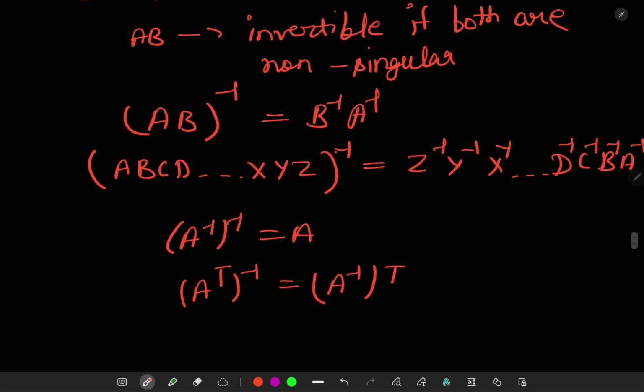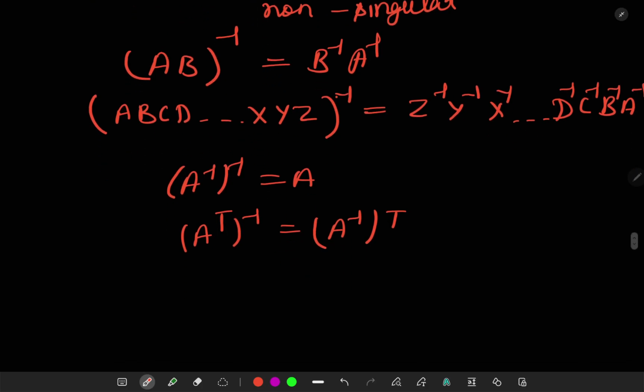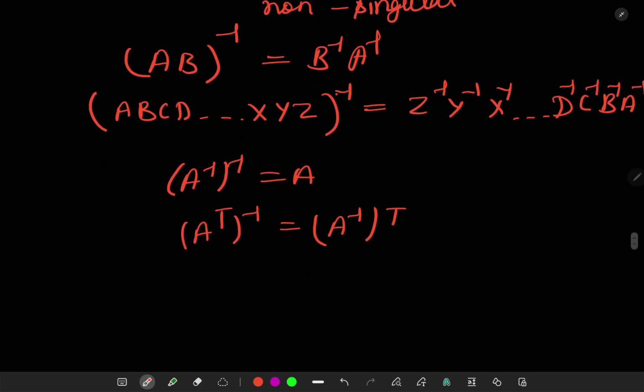Similarly, if we have A to Z matrices, then we can use this relation of inverse. We get Z inverse, Y inverse, X inverse, up to so on, D inverse, C inverse, B inverse, A inverse. If we take the inverse of an already inverted matrix, we get the matrix A.